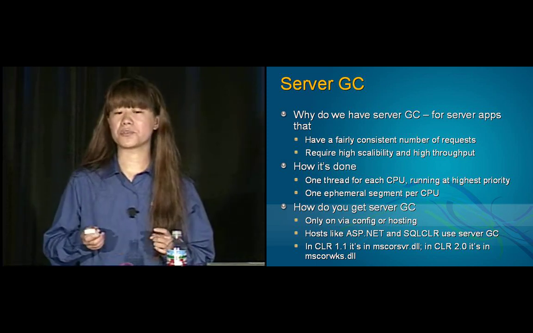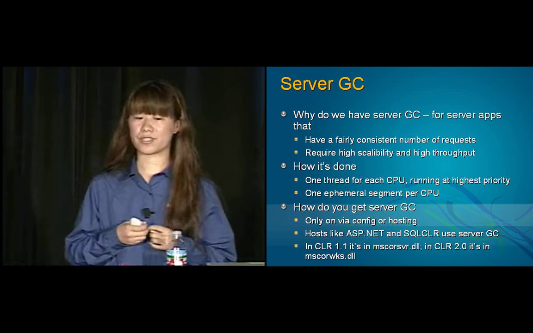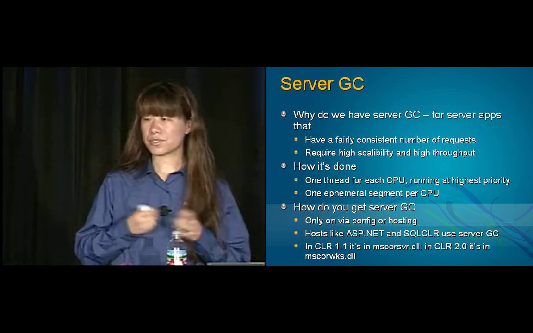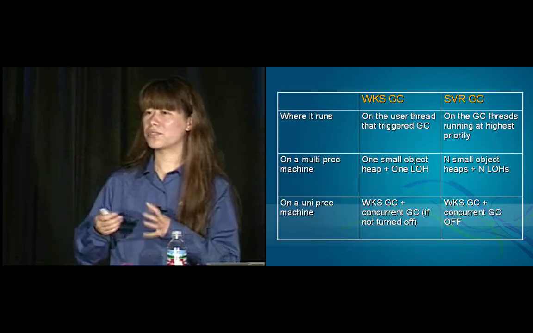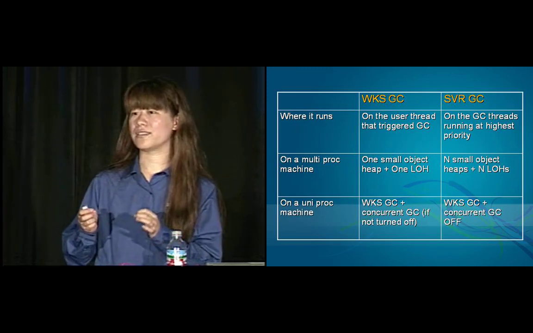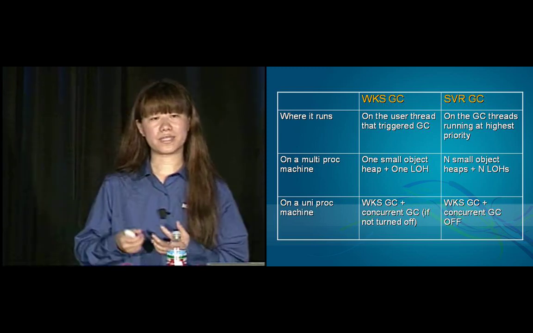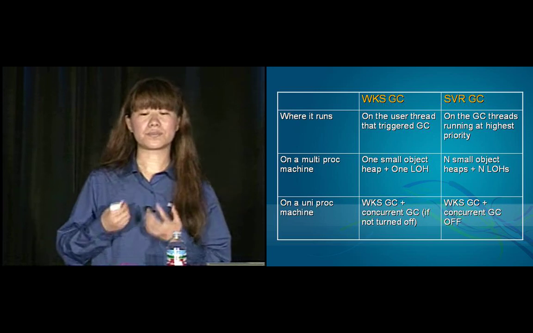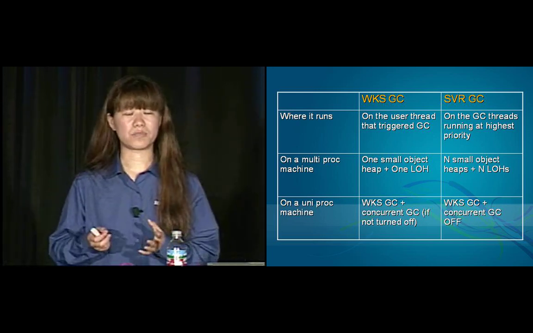So let's look at the summary of how workstation GC and server GC differ from each other. Workstation GC happens on the user thread. So whichever user thread triggered a GC, GC is actually running on that user thread. And server GC, as we said, has multiple GC threads that all participate in the GC at the same time.